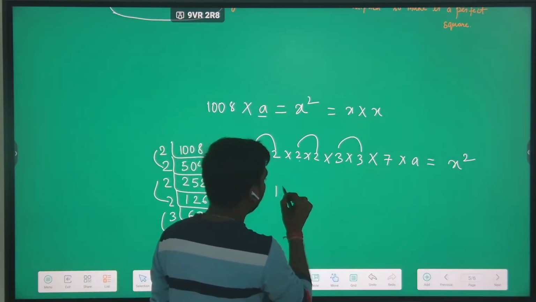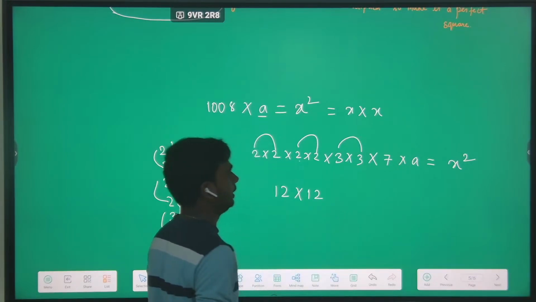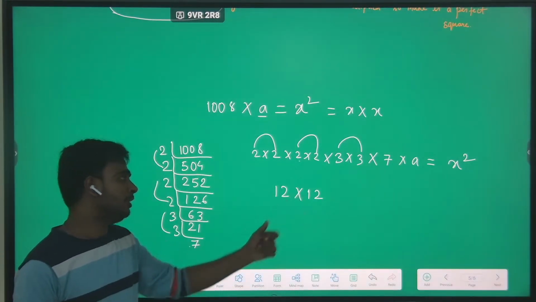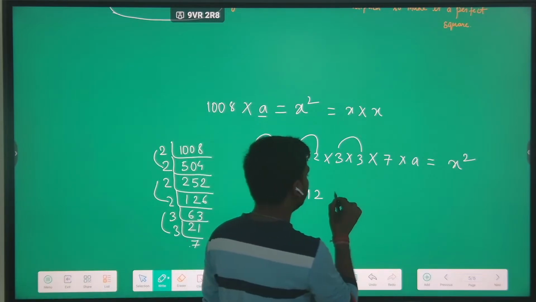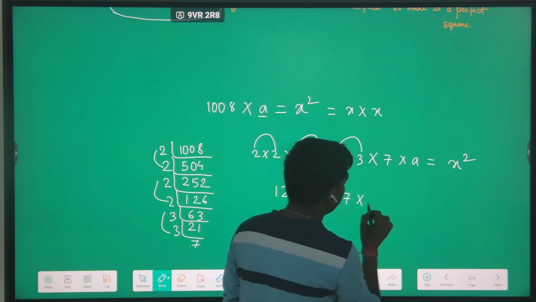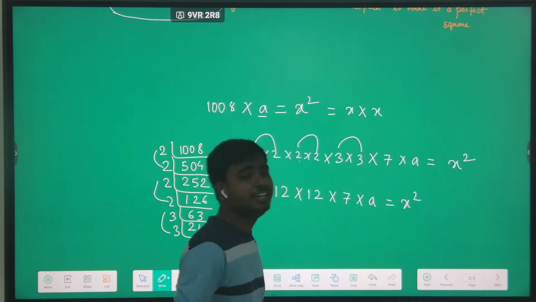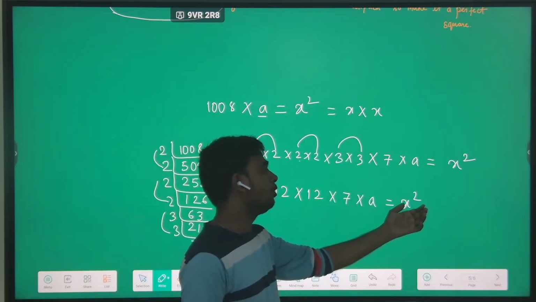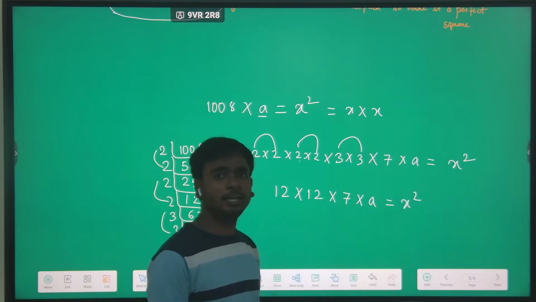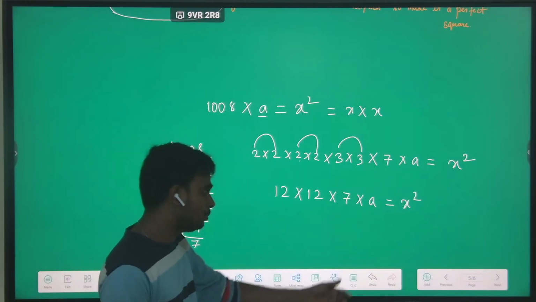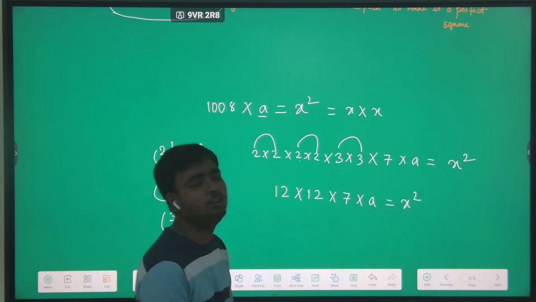We are getting a pair of 12 multiplied with itself. And 7 multiplied with some number which can be expressed in the form of some number squared. We are going to find out that number and also the value of a.